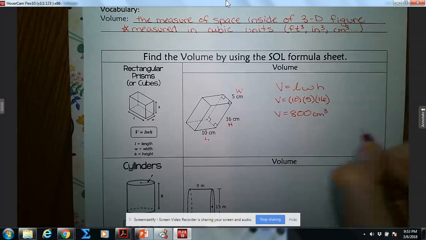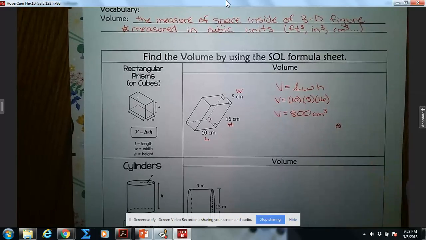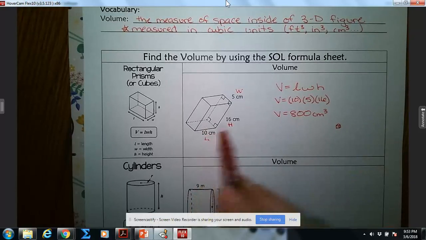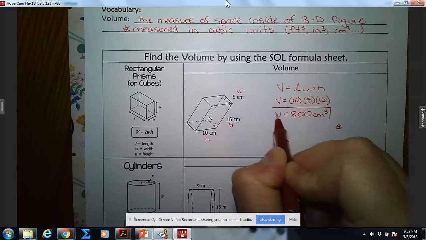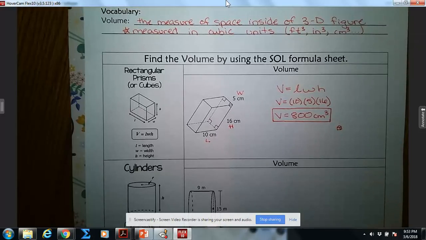If I had all these teeny tiny 1 centimeter by 1 centimeter by 1 centimeter cubes, I could take 800 of them and fill up this box. That's what volume is. It's the amount of space inside of the figure. It's always a cubic measurement because we have now used 3 dimensions to find that value. We used a length, a width, and a height as our 3 dimensions.